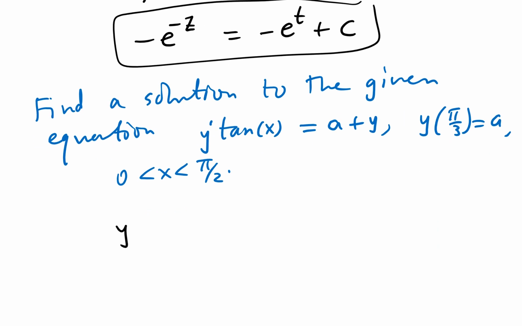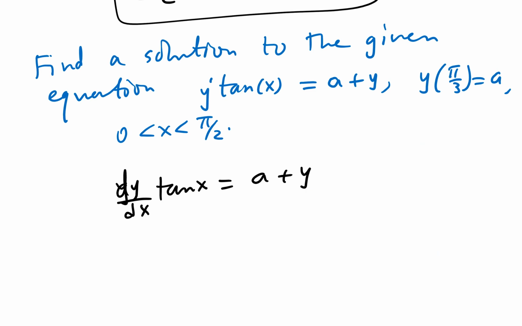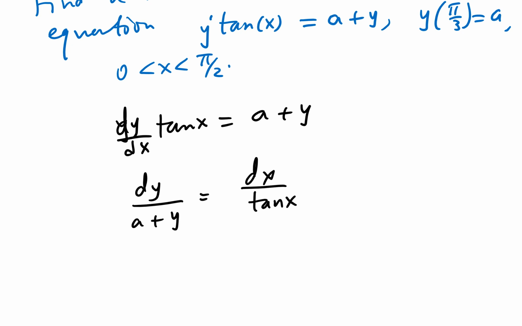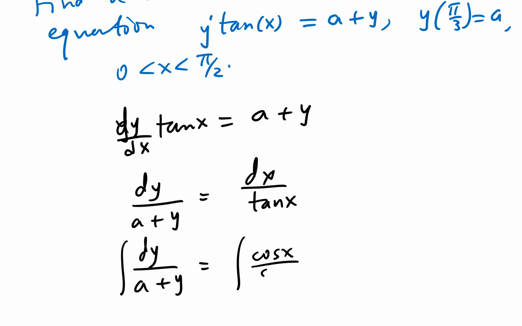Okay, so y prime we can write as dy/dx tangent x equals a plus y. I want to do separation, so you bring the a plus y down here and dx up there, tan x down here. I'm rewriting it. Then we integrate this, dy over a plus y. For tangent x, we can write it as sine over cosine, so it's going to give me cosine over sine dx.